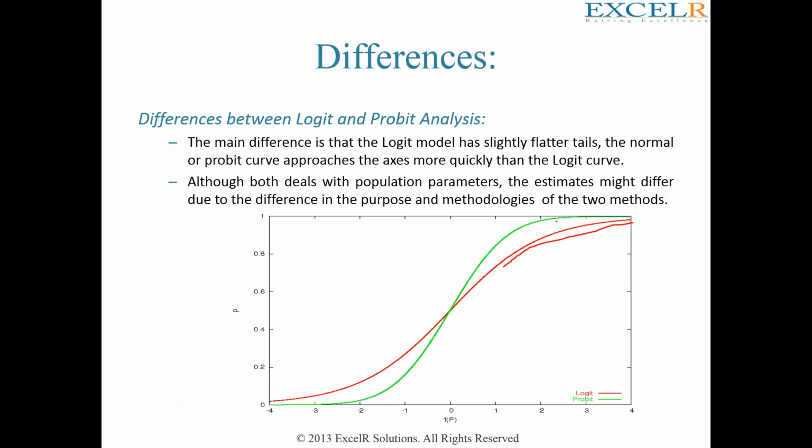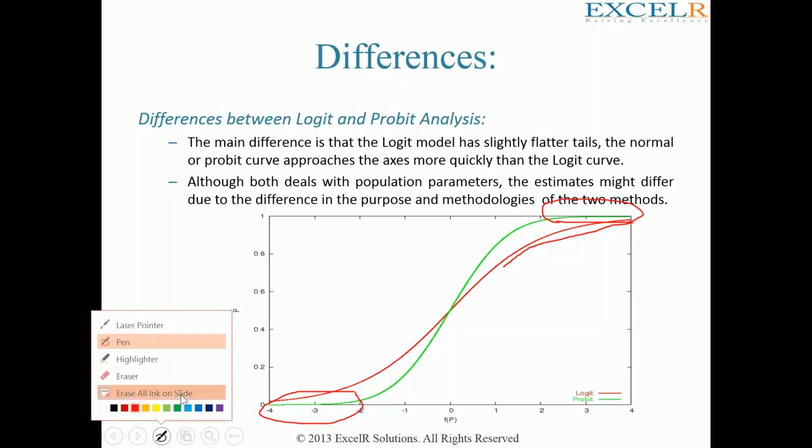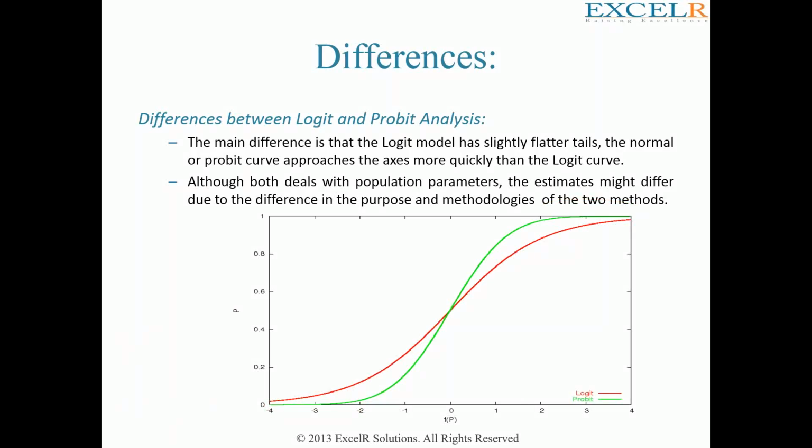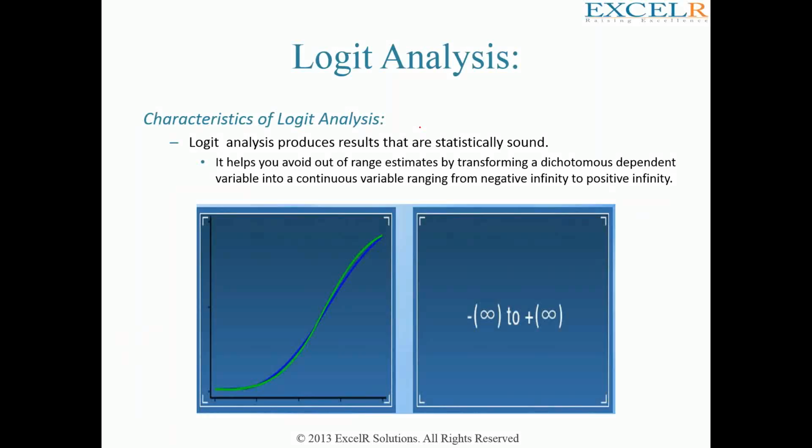So here you see that your Probit curve is approaching the axis faster. Although both of these deal with population parameters, the estimates might differ because Logit and Probit have different purposes and methodologies. Here we have the characteristics of Logit analysis.